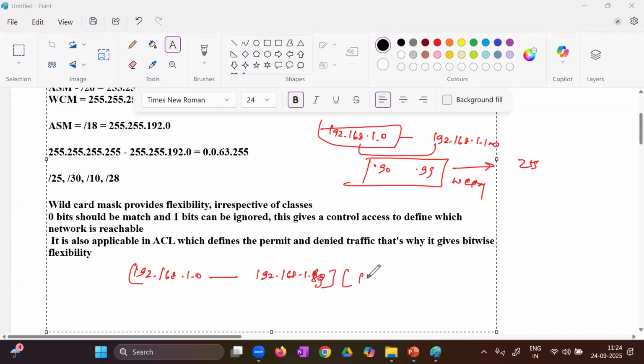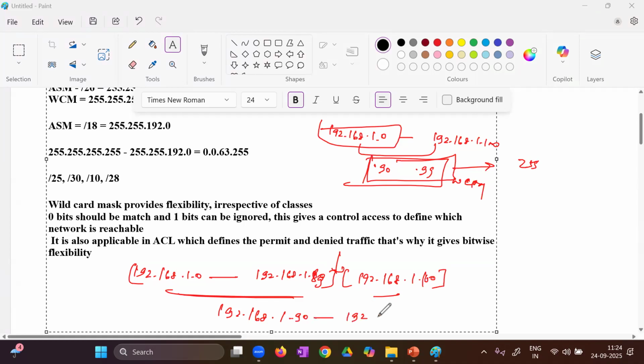After that, 192.168.1.100 only, because this is allowed. Between them is the part we want to deny. This is one method, or we can write 192.168.1.90 to 192.168.1.99 and then write the wildcard mask.